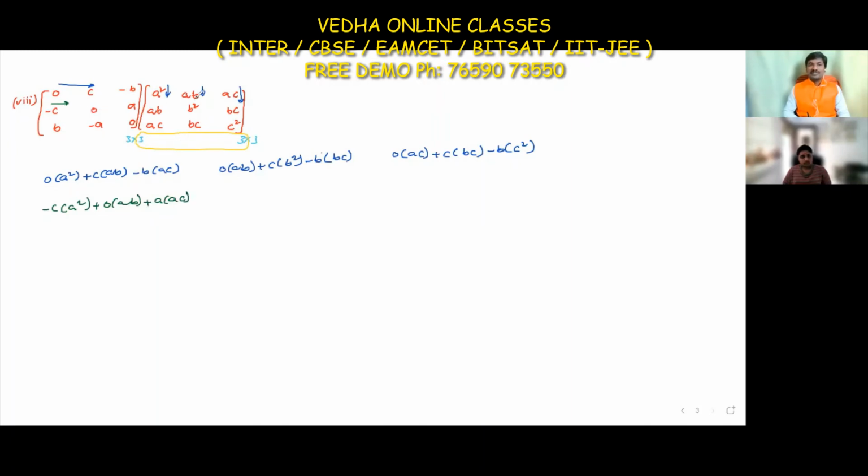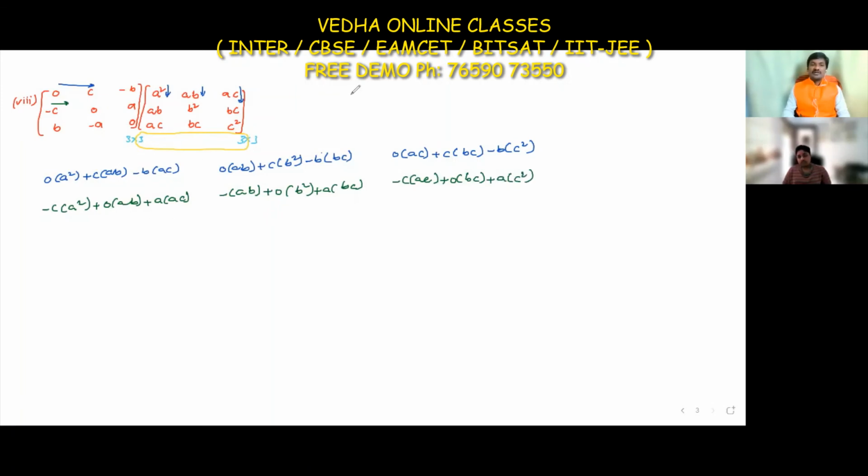Now second row with second column: minus C into AB plus 0 into B square plus A into BC. Are you following? Yes, sir. Now second row with third column: minus C into AC plus 0 into BC plus A into C square.